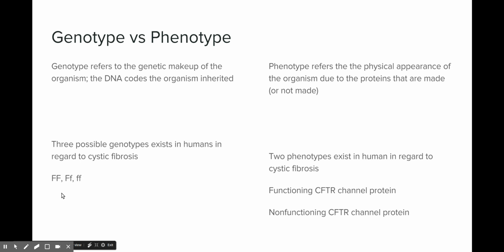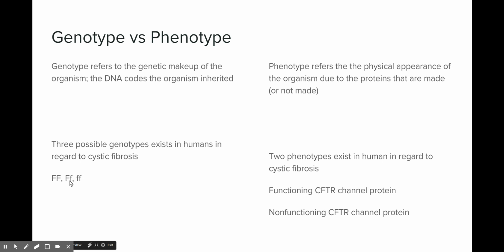A diploid organism is an organism that has pairs of alleles or pairs of chromosomes. So an individual who has the big F, big F genotype, they inherited a big F recipe, a recipe for a functioning cystic fibrosis CFTR protein from maybe their father in the sperm. They also inherited a functioning version of that gene from their mother in the egg.